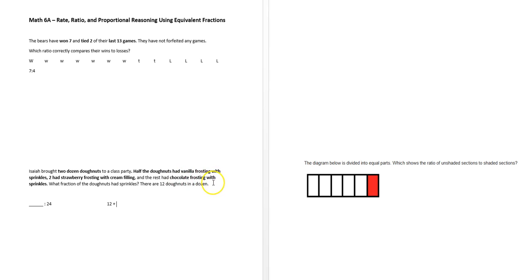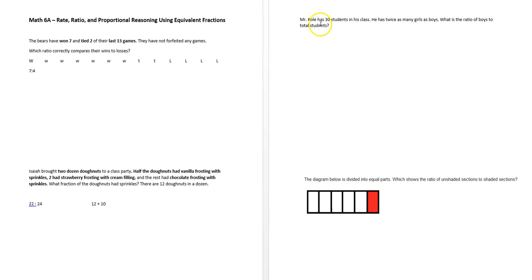So 10 must have been the ones that were chocolate and sprinkled. So that total then is what would go here, and that's 22. And our fraction would then be 22 over 24, 22 24ths. We could also reduce that by dividing both numbers by 2 and saying it's 11 twelfths. All right.